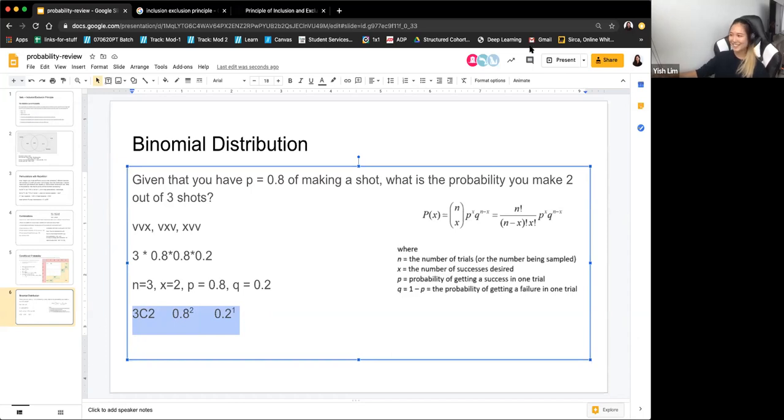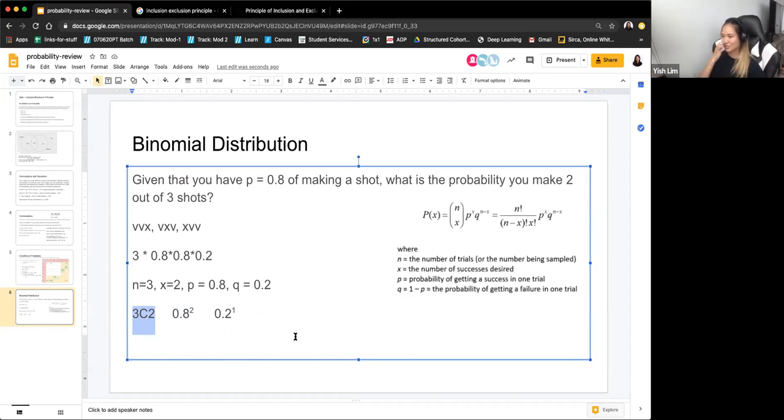Does that make sense? So this equation is just the probability of success raised to the power of the number of successes. This part is the probability of failure raised to the number of failures. And this just takes into account the number of ways you can fail or succeed out of n. Cool. So I think this is a really elegant equation.